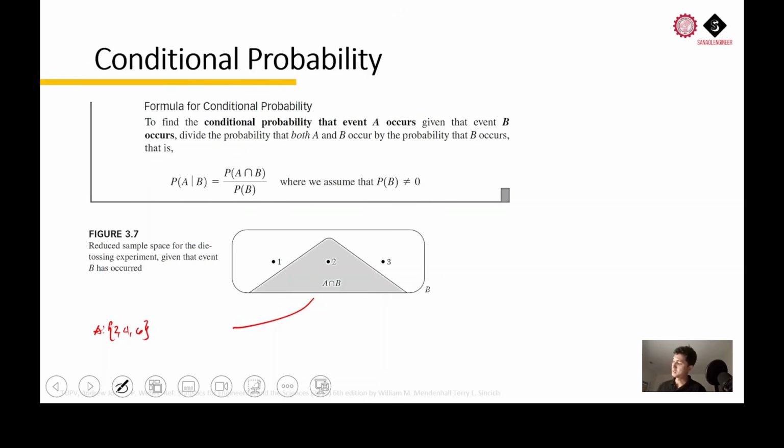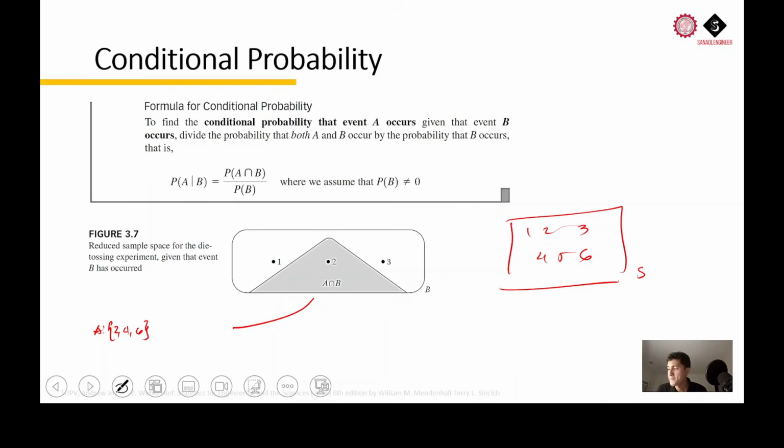So initially, a die has 6 simple events, right? So let me draw this sample space, and those are the 1, 2, 3, 4, 5, 6. So this is the bigger unrestrained, no condition sample space. Of course, if the probability of all sample points are the same, then the probability of each of 1, 2, 3, 4, 5, 6 is always going to be 1/6.